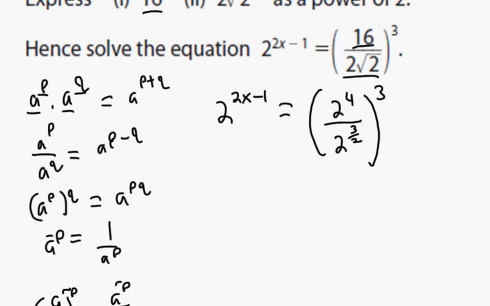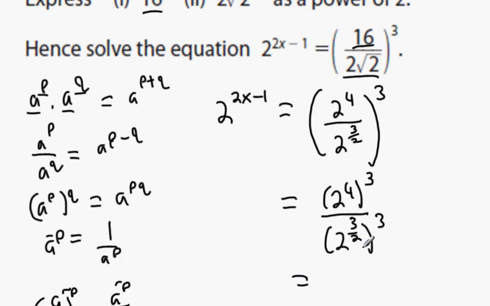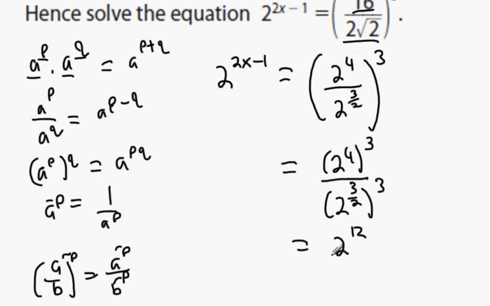So what's going to happen here is we can do this two ways. The first way is like this. What you can do is you're going to give the 2 to the power of 4 to the power of 3, and you're also going to give the bottom one the power of 3. And what happens now? It's going to end up as 2 to the power of 12 over 2 to the power of 9 over 2. Yeah.